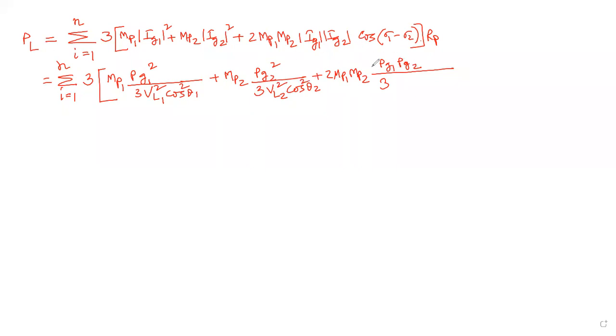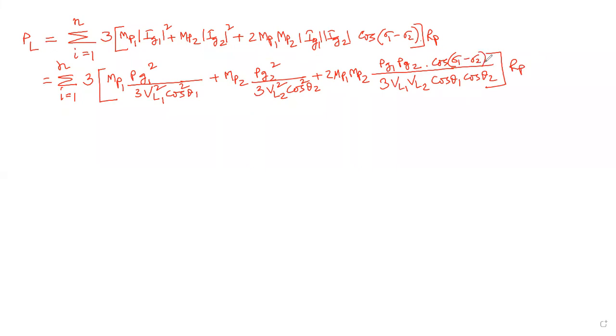Then here I have I_G1 and I_G2, so P_G1 P_G2 over 3 V_L1 V_L2 cosine theta 1 cosine theta 2, multiplied by R_p. And of course, I have this cosine of (sigma 1 minus sigma 2). I think it is okay now.